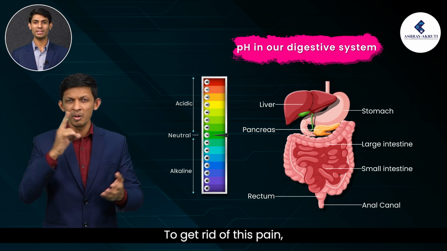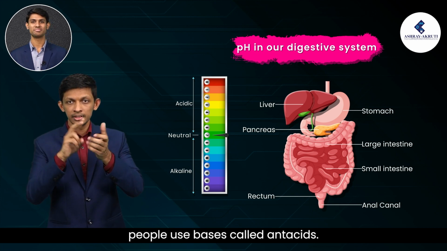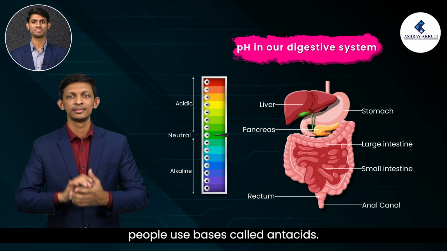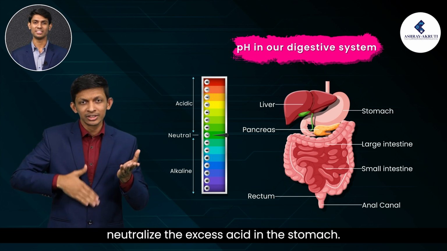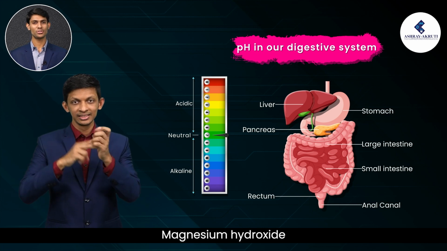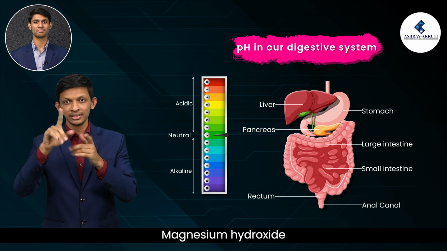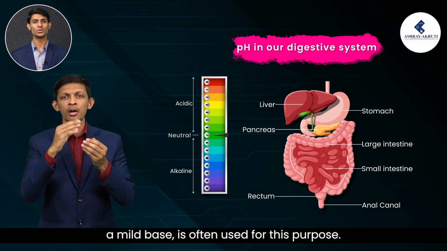To get rid of this pain, people use bases called antacids. These antacids neutralize the excess acid in the stomach. Magnesium hydroxide, a mild base, is often used for this purpose.